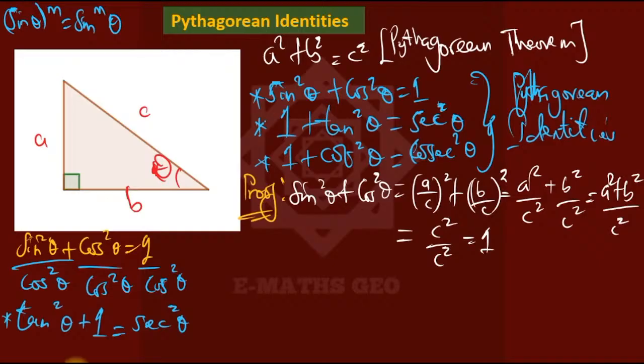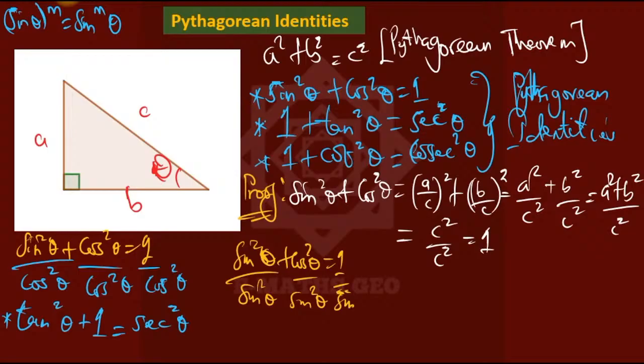So why the last one? The same: sine squared plus cos squared equals 1. If we now divide by sine squared, what do you observe? Sine over sine is 1.